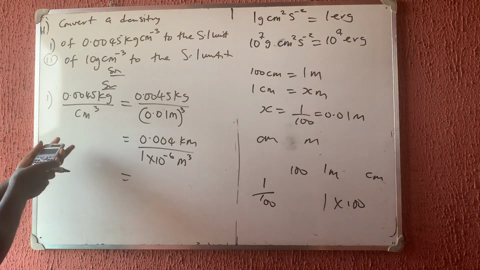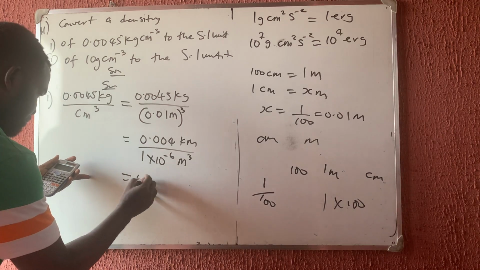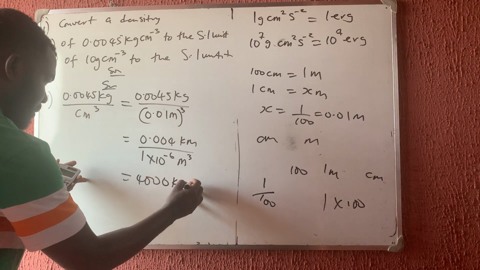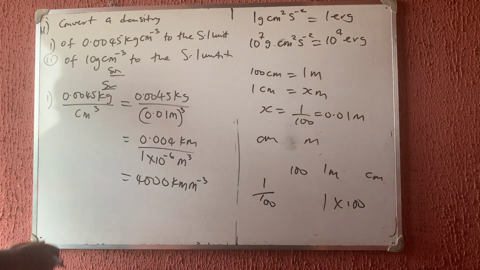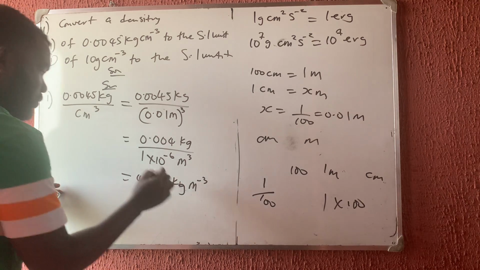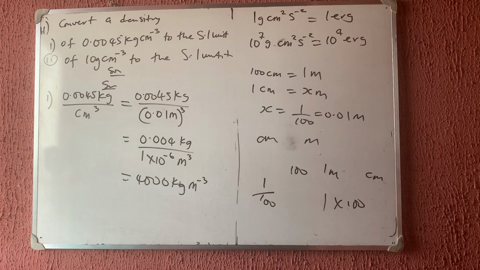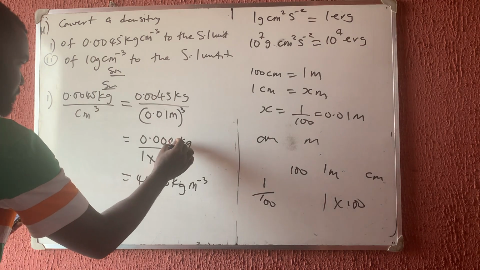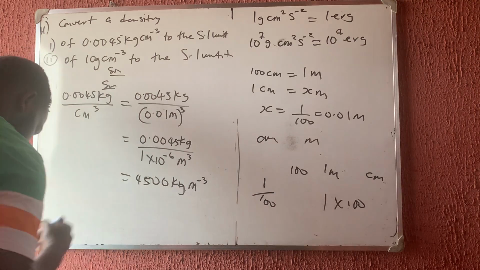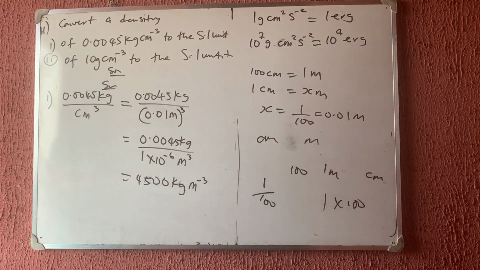If you now divide 0.0045 by that, it's going to give me 4,500 kilogram per meter cube. Kilogram, not kilometer. So 4,500 kilogram per meter cube is the answer to that.